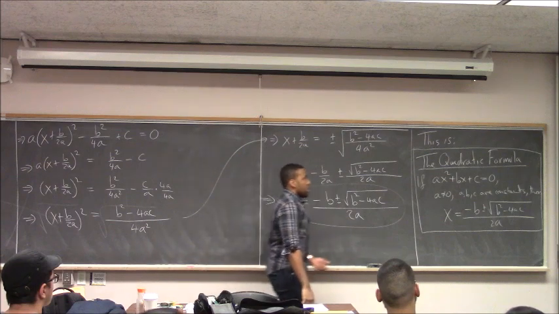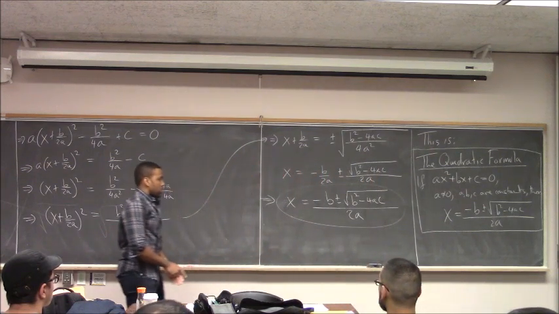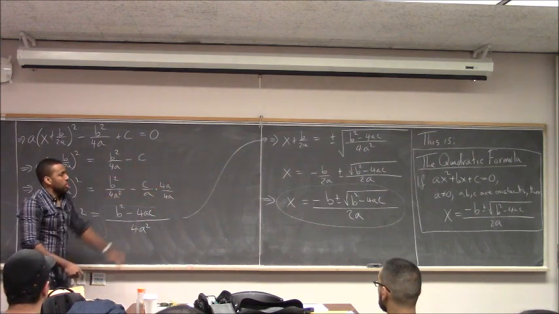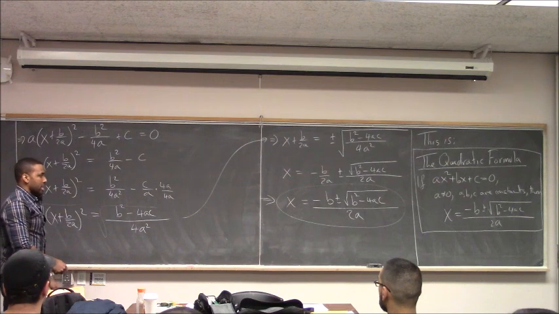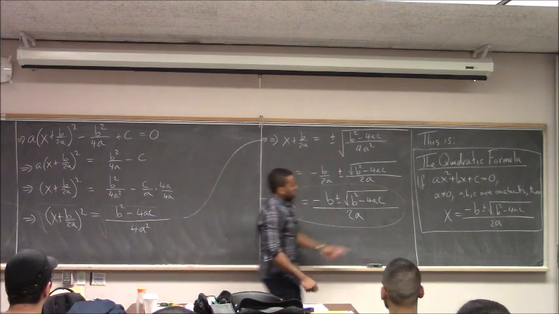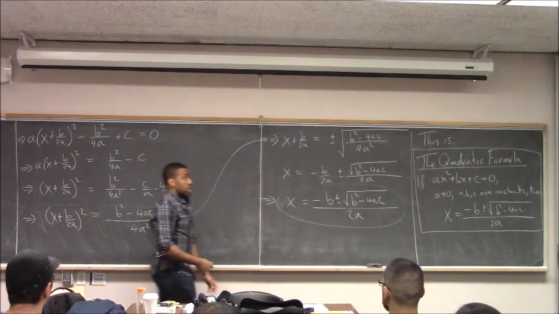And we can derive it via completing the square. If you want to solve a quadratic that cannot be factored, you can either go through this process with the particular numbers and solve it, and that's saying you're solving it by completing the square. Or you can just plug the numbers into this formula, and that's solving by the quadratic formula.